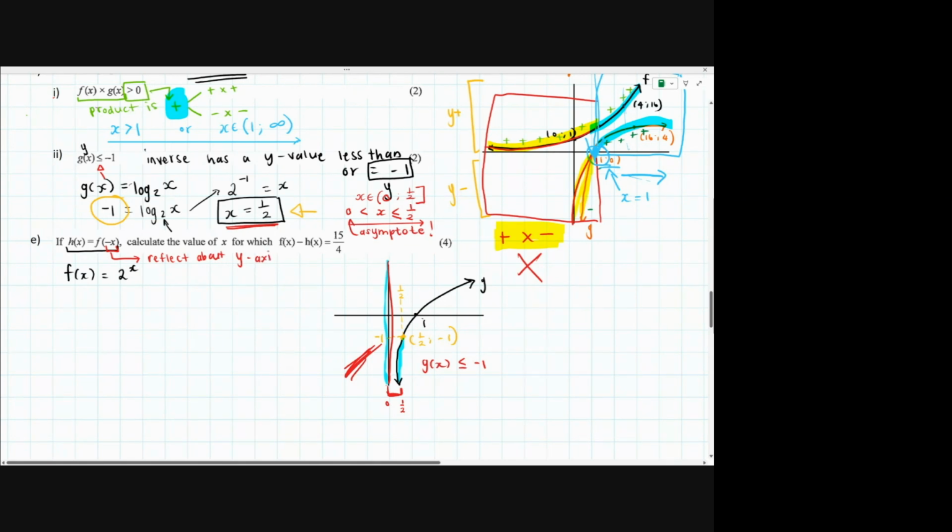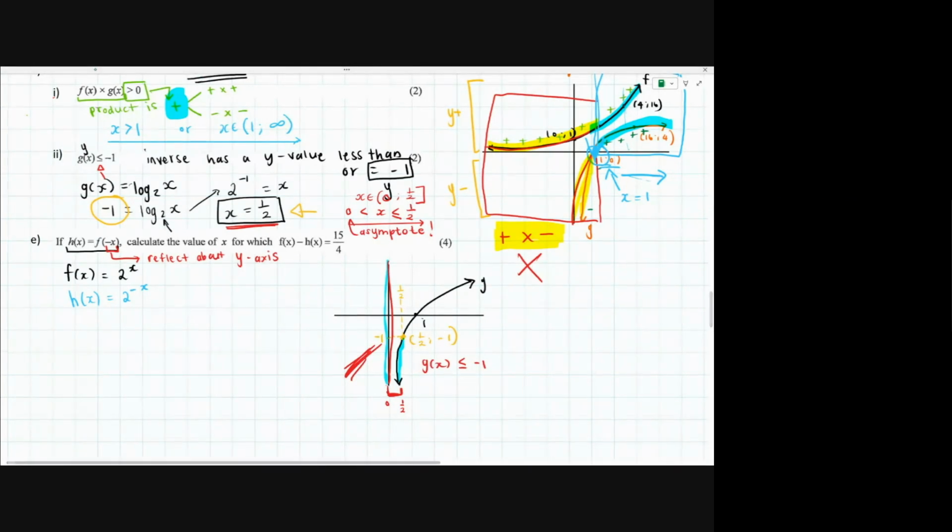Now that's not super important because we can just substitute in a negative x, but I just want you to understand what that actually does. According to my rule, what it wants me to do to get h of x is make the x in my original expression negative. So now I've got 2 to the power negative x.